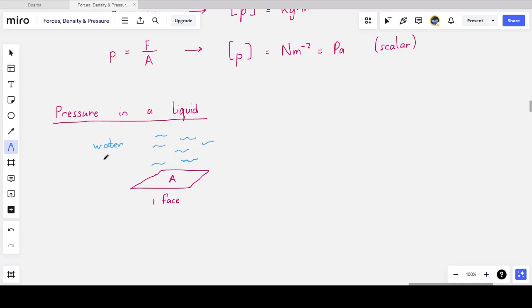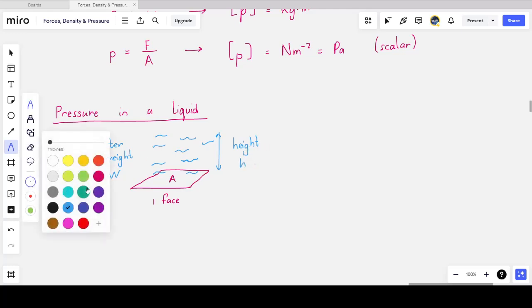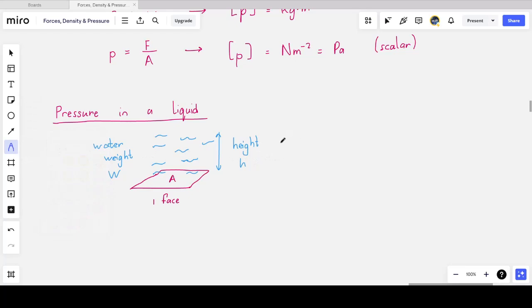And this column of water has a weight W. And this column of water also has a height of H. So the length of this water column from the top of the water surface to the face of the object is H. So what we have is that the pressure exerted on the face of this object, of surface area A, is equal to the force per unit area, the weight of the water divided by the area over which that weight is distributed.